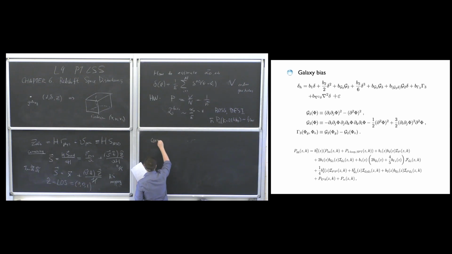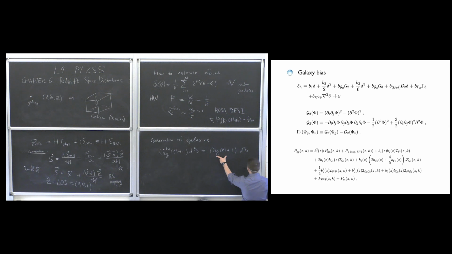So the conservation of galaxies implies that their total density, so background density times the perturbation, their total density in redshift space and the real space will be the same.